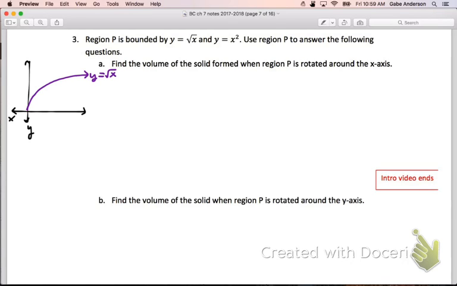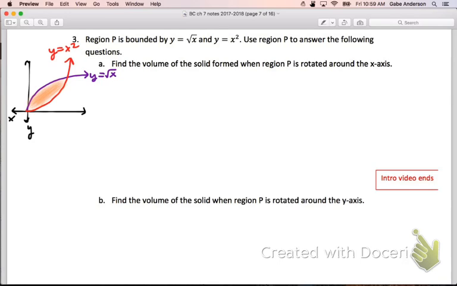And y equals x squared, of course, looks something like that. And the region formed by those two graphs is right here.